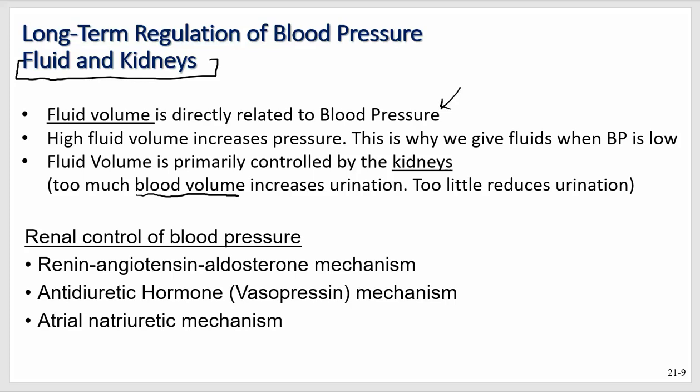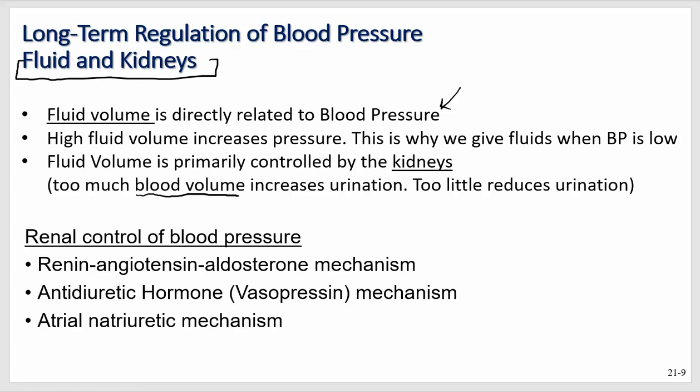So your kidneys have that ability. So if you don't have enough blood flow, or if your pressure is too low, that's going to reduce urination. The kidneys are going to say, okay, nope, we're not going to allow as much to be filtered through the kidneys, because we don't want to lose urine.